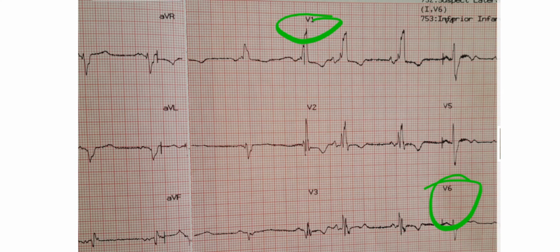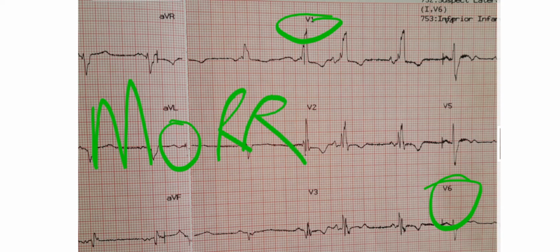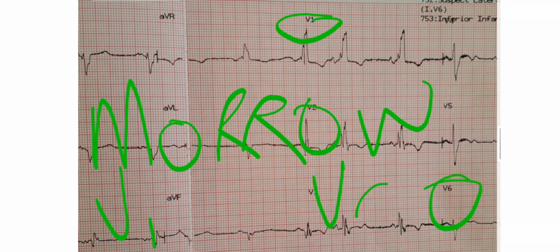The name that I told you about is Moro. M for Moro, M is V1, W at the end of Moro is V6.